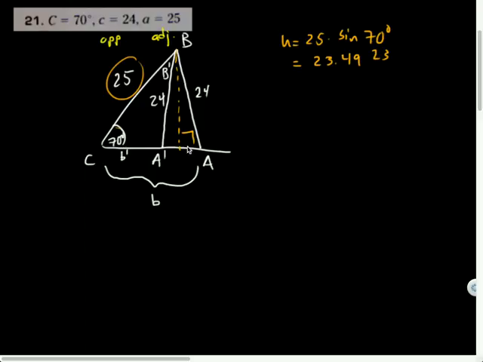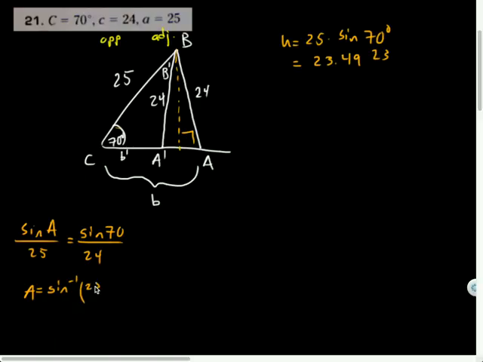I know little a, so I could find big A next. So I'm going to say sine of big A over 25 will equal sine of 70 over 24. So A is going to equal the sine inverse. I would have multiplied both sides by 25, so it would have been 25 24ths times sine of 70.